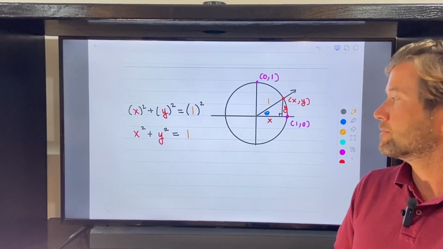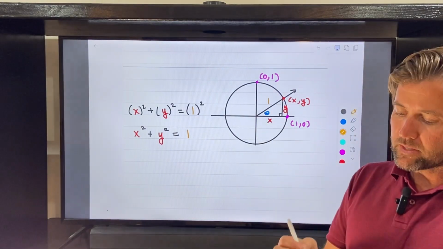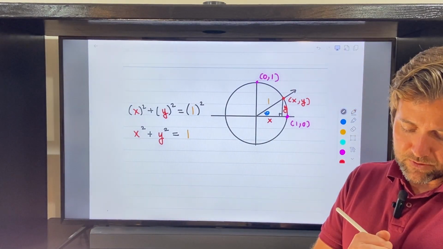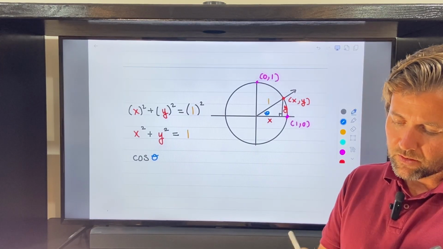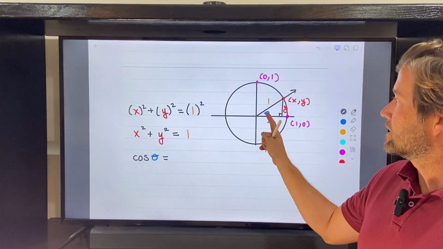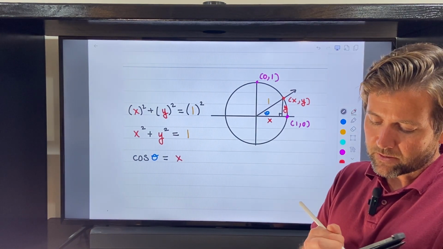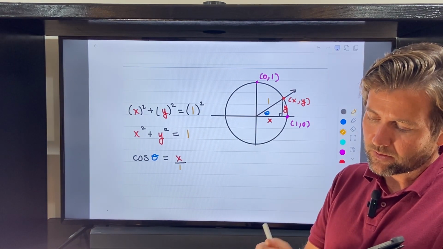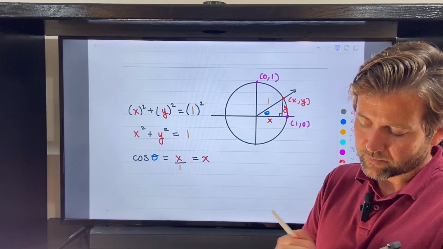Now we're going to determine the sine of theta and cosine of theta, and we're going to use those in just a minute. So I'm going to write down the cosine of theta. Given this right triangle, the cosine of the angle theta, if you're familiar with SOHCAHTOA, is the adjacent side x divided by the hypotenuse of 1. So that's just equal to x.